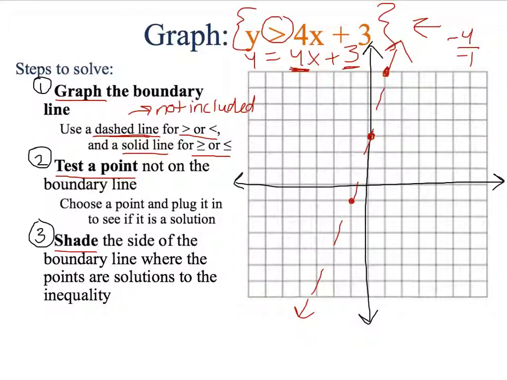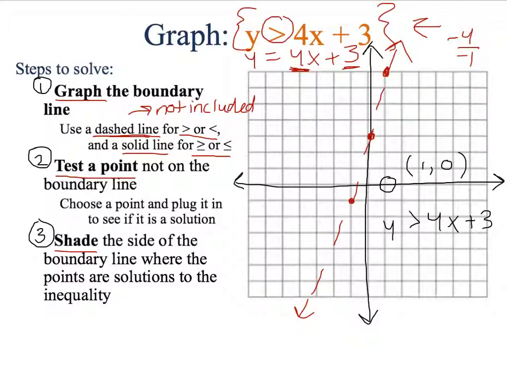The next part tells us to test a point. So it's a point that's not on the boundary line, so it can't be on this dashed line here. So we're going to choose a point somewhere on this graph and test it. I would like to test this point here. This point would be (1, 0). So I'll go ahead and copy down our inequality: y is greater than 4x plus 3.